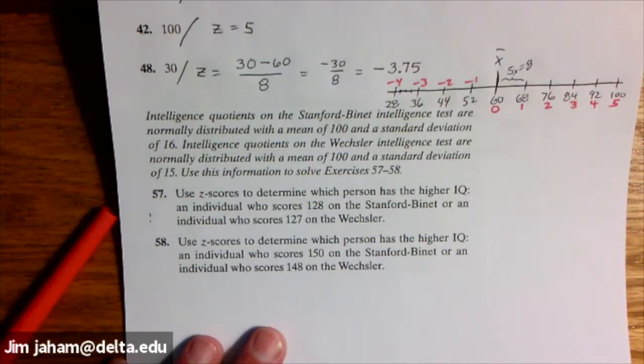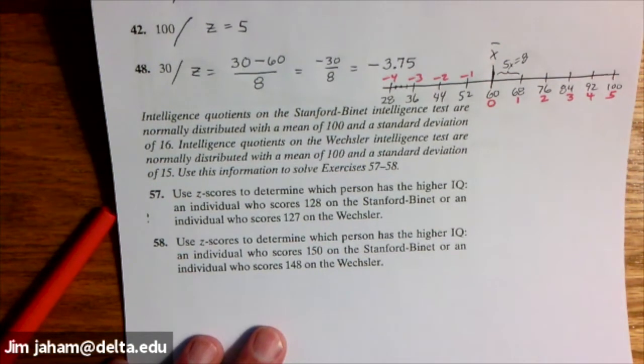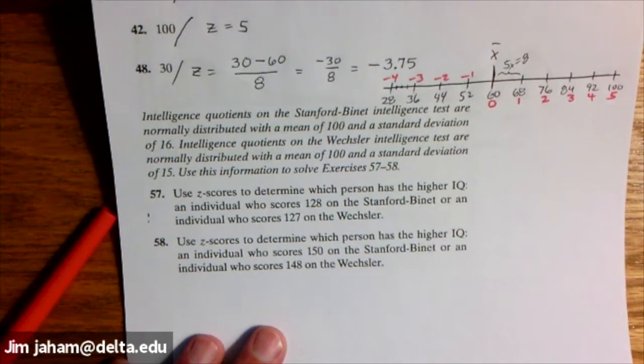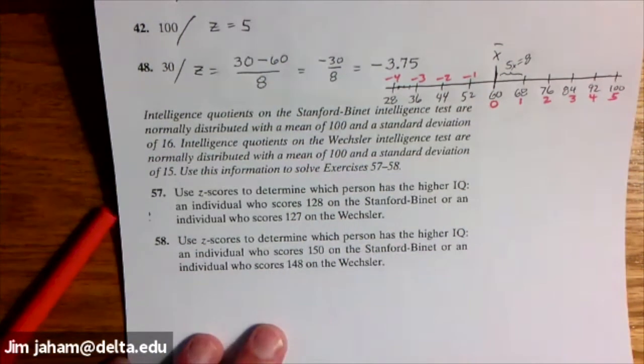So what if you scored, say, 90 on an English test and 50 on a physics test? What score would be the relatively higher score, if the teacher is grading on a curve, in this case, the normal curve? Well, you can answer that question if you knew what the mean and standard deviation for each of the two tests would be. So let's take a look at this one here.